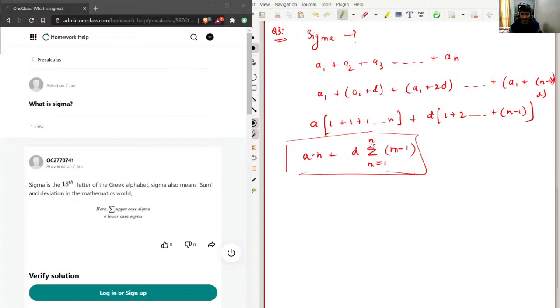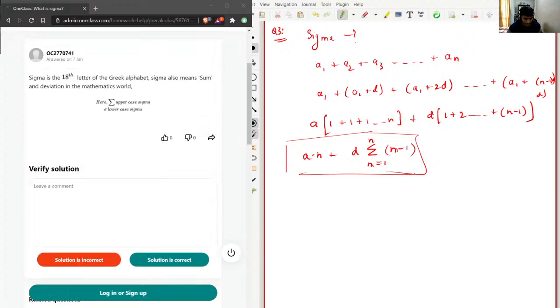So if we have, let's say, n equal to 10, this will be 10 minus 1, 9, so 9 times. So that is, I think, pretty much all for this question also. This is a very basic question, so I'll just write correct solution. Good work.